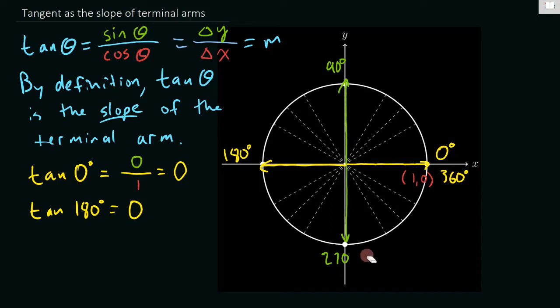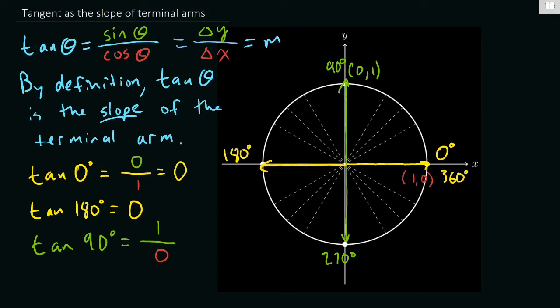I guess let's do 90 first, because my clockwise bias is coming out, or counterclockwise. So tan of 90 degrees. This point here is 0, 1. So by definition, it is our sine divided by our cos. Our sine is 1, and our cos is 0. What's 1 divided by 0?